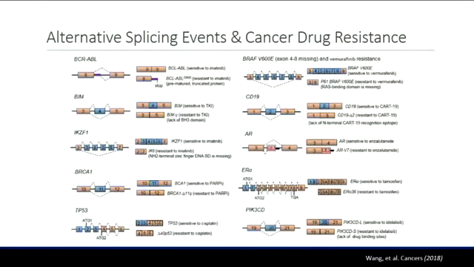In normal biology, both of these events are typically expressed in a regulated manner, but it's been shown that an increase in the expression of the skipped exon version of the splice variant is associated with resistance to tyrosine kinase inhibitors. In this case, this is an example in chronic myeloid leukemia.